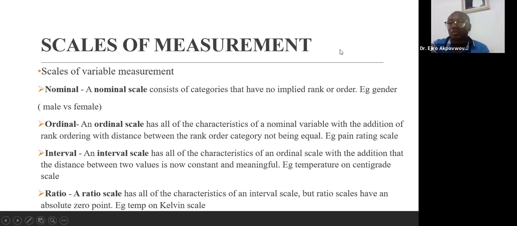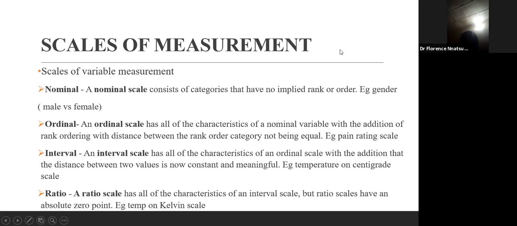Or you can use temperature to measure. Somebody at 10 degrees Celsius and 5 degrees Celsius, you can find out the difference between 15 and 10. You find that the interval will be constant between the two of them.